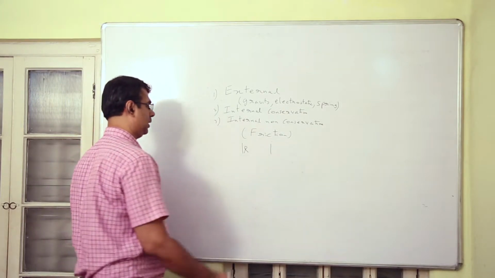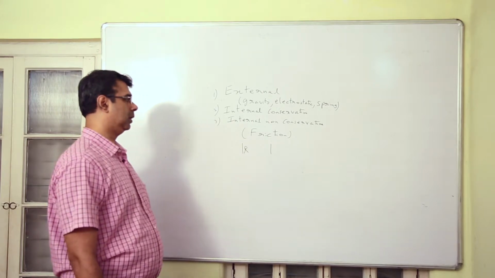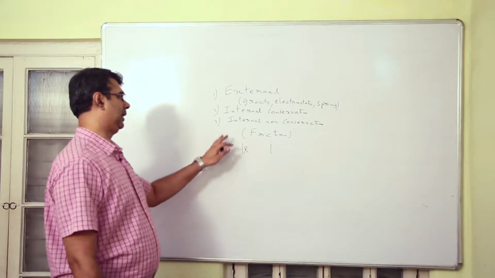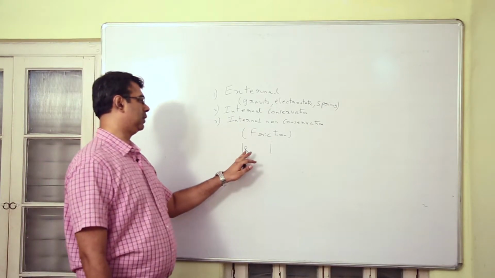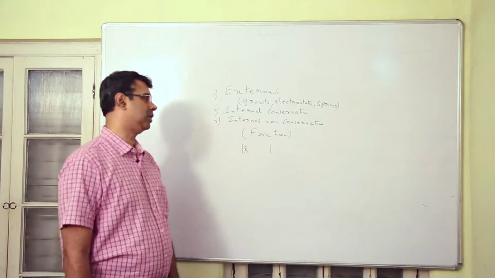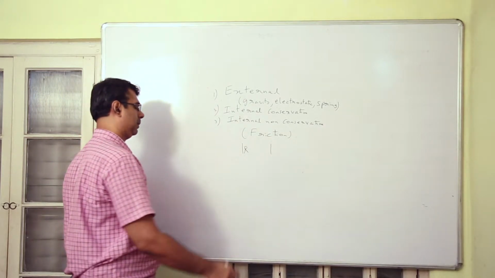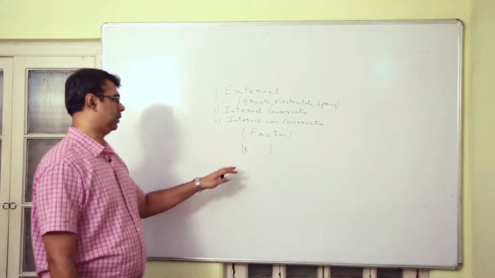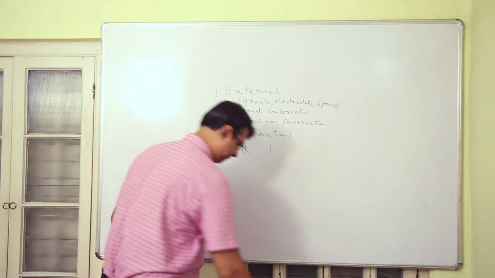During this one round trip, the work done by friction will not be zero. So internal non-conservative forces are those forces for which work done in one round trip is not equal to zero. The boy goes to the wall and comes back. It is one round trip, but during his journey, the work done by friction will not be zero.